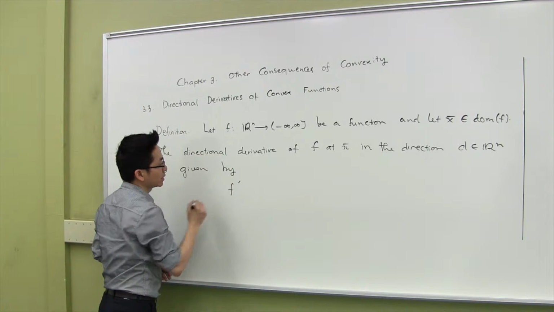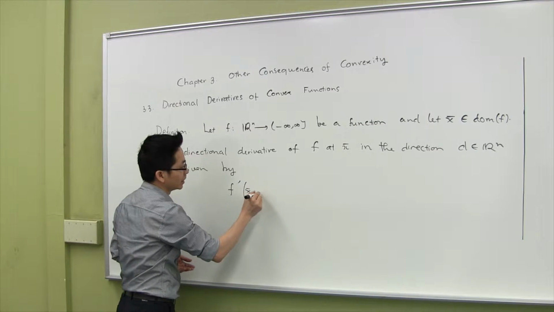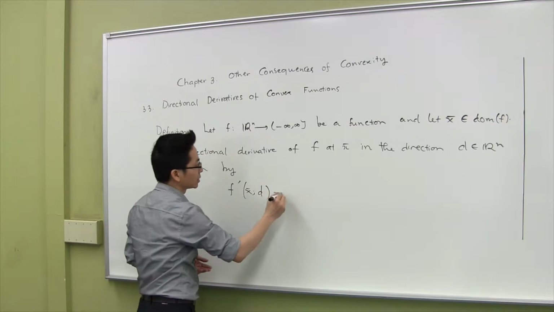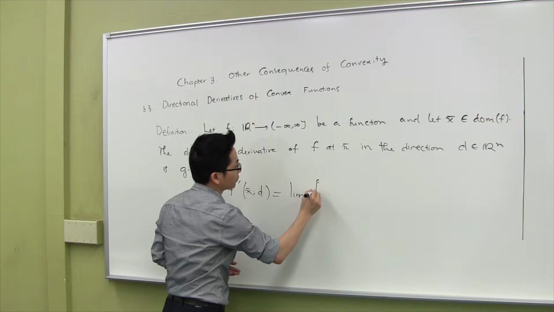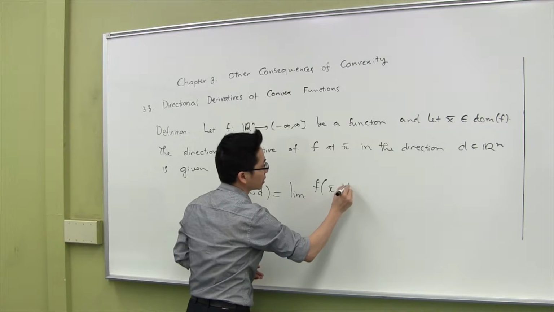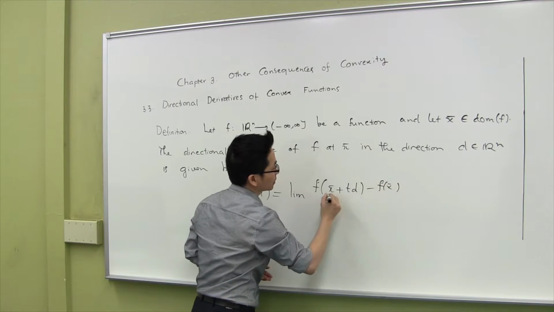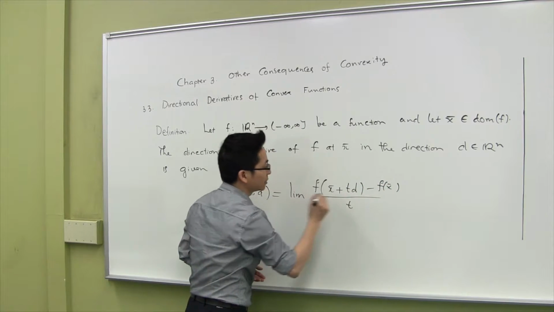the following formula. The directional derivative of f at x bar in the direction d is the limit of f of x bar plus td minus f of x bar over t.